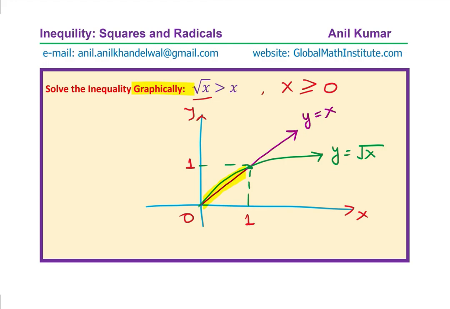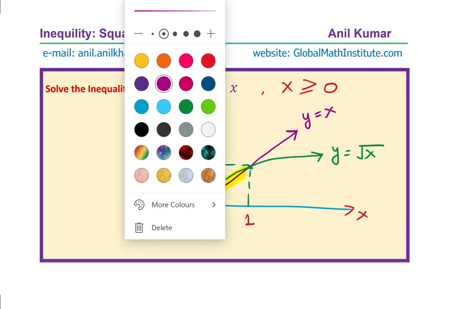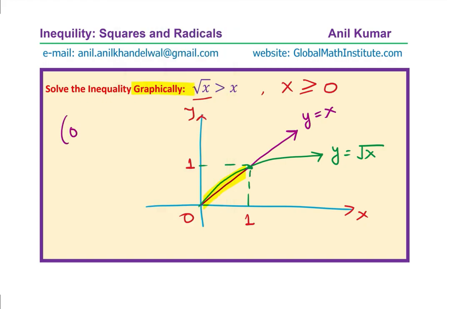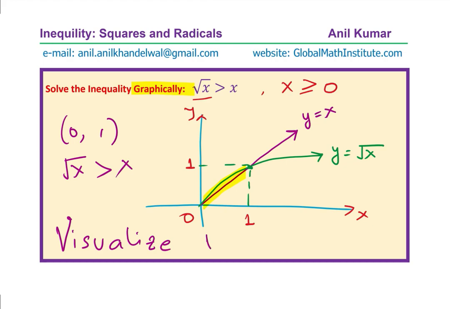And therefore, we have the solution. And the solution is, from 0 to 1, square root of x is greater than x. Do you see that? So, visualize the solution using graph.